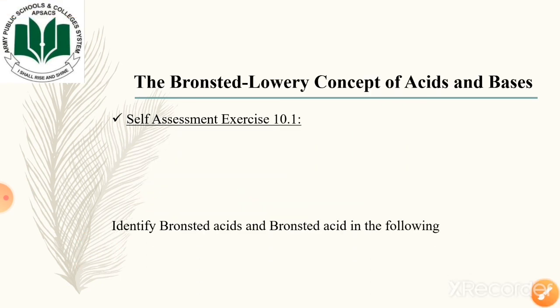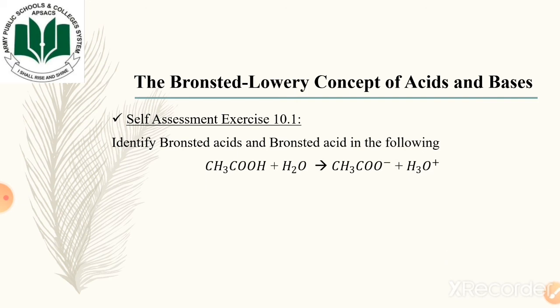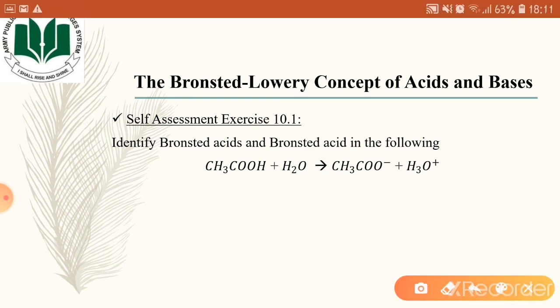Now take another example. In this example, acetic acid reacts with a water molecule to form acetate ion and hydronium ion. You may see here that acetic acid has donated the proton and has been converted into acetate ion with a negative charge.